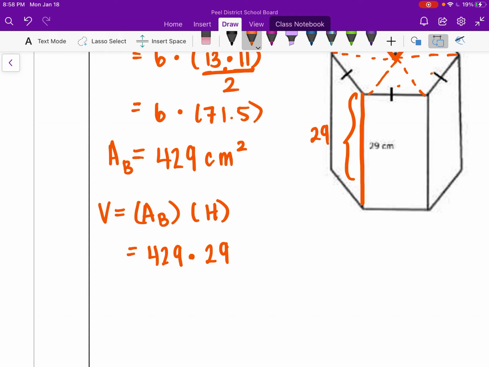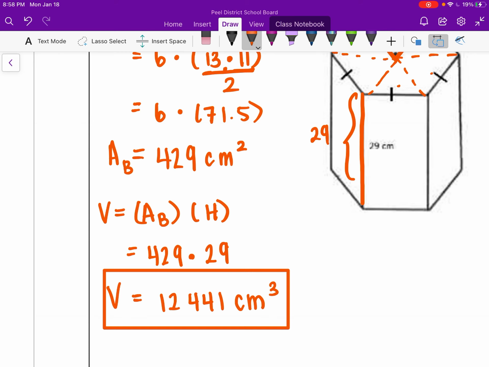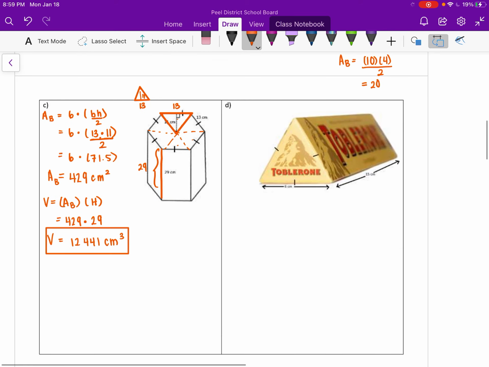And then 429 times 29 is equal to, I'm just going to put that into my calculator as well. 12,441 centimeters cubed, right? Volume is always in centimeters cubed. Okay, so that's how I would do that one.